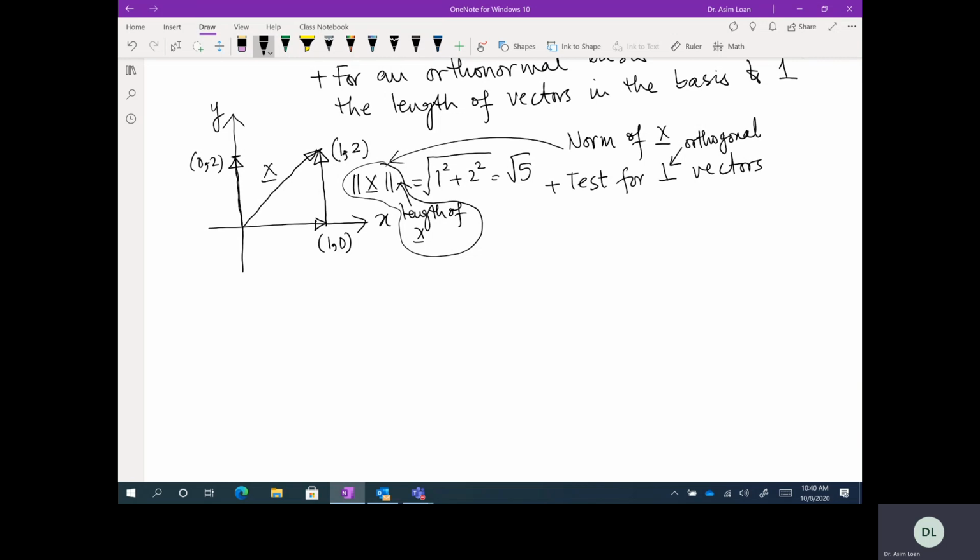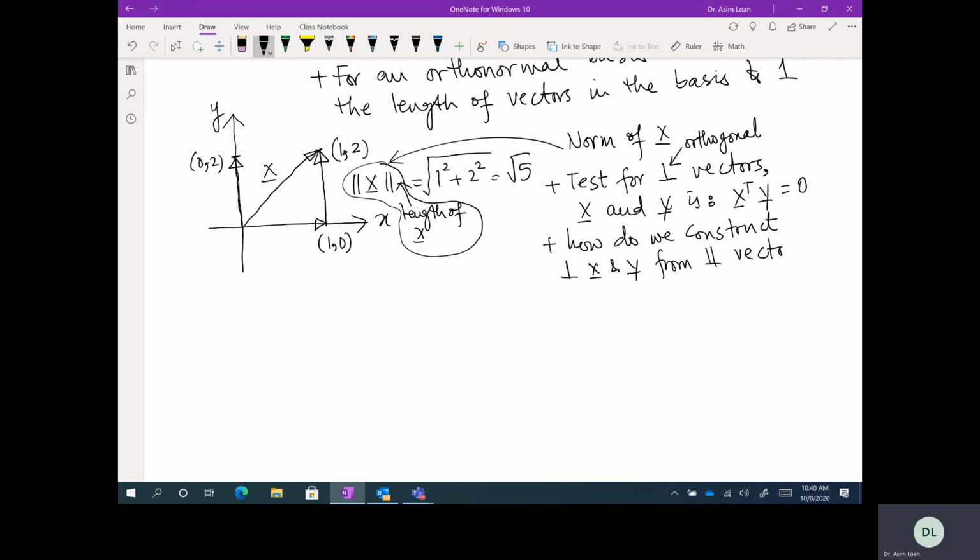So the test for orthogonal vectors x and y is x transpose y equals 0. This is from your basic high school physics. The dot product is 0. It's a scalar. And then we also want to see how we construct orthogonal x and y from independent vectors.